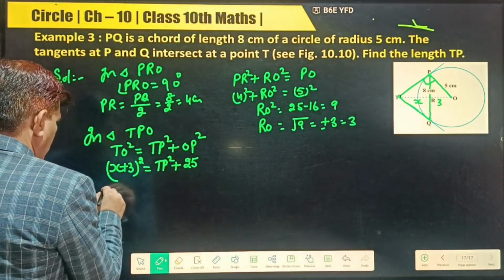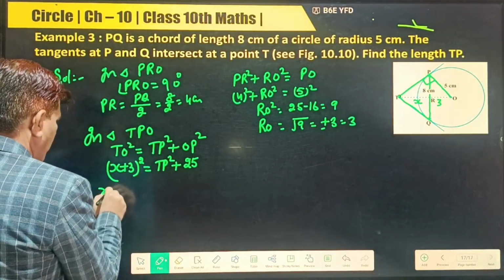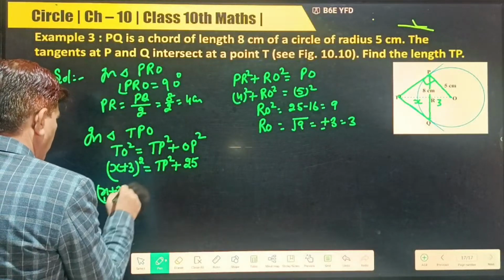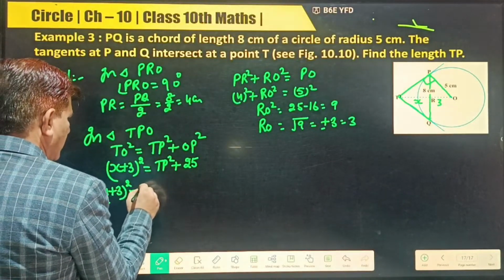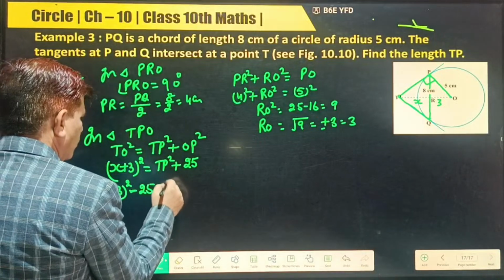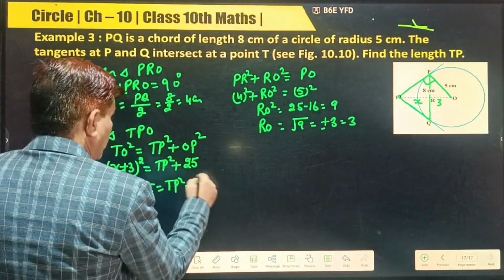So this is X plus 3 whole square minus 25 is equal to TP square. Leave this as it is.